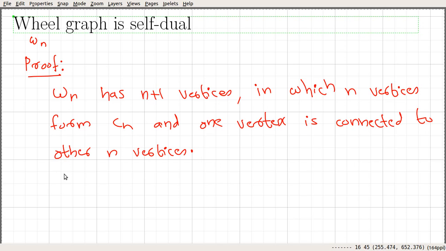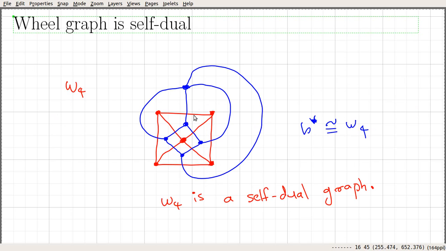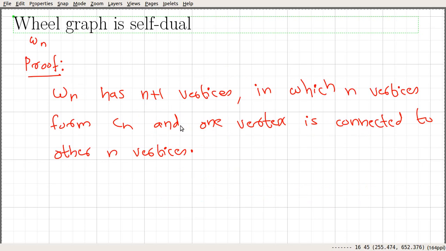Okay, and that says it has these 4 inner regions and this outer region. The outer region is bounded by this cycle, and the inner regions are bounded by these triangles and this C4.